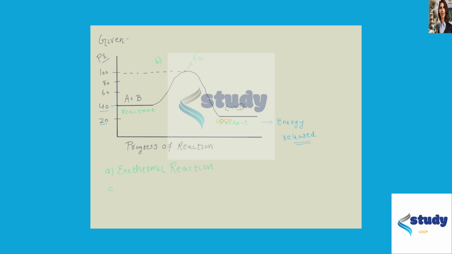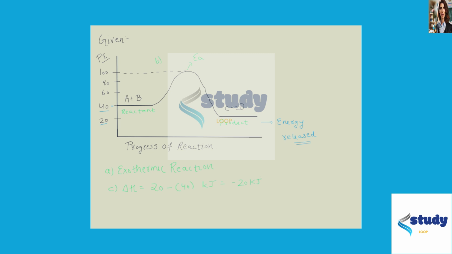So the delta H for this reaction will be equal to final potential energy minus initial potential energy in kilojoules, that is minus 20 kilojoules.